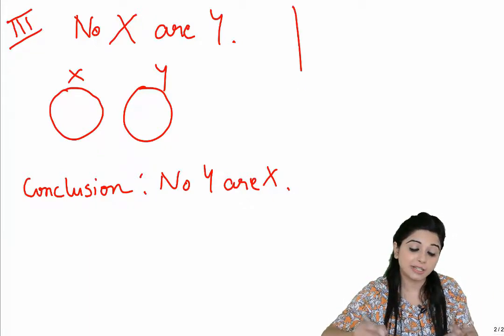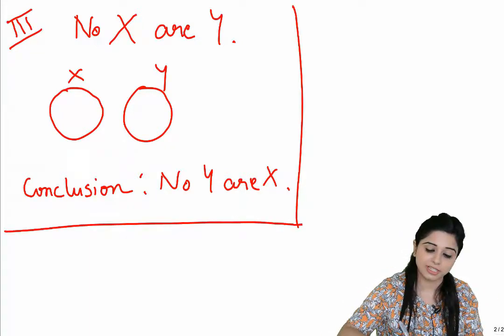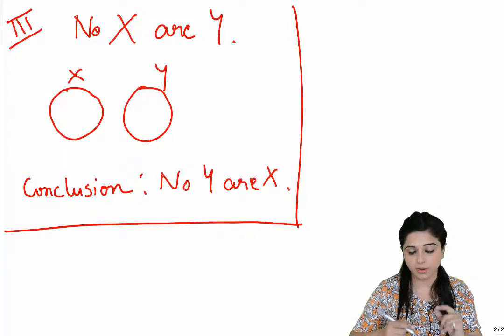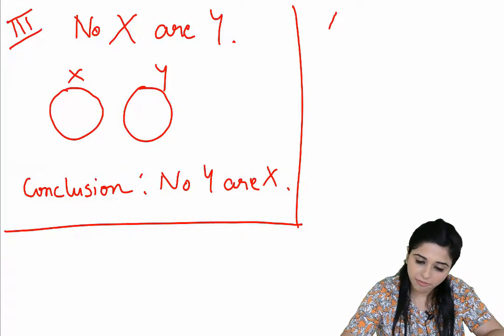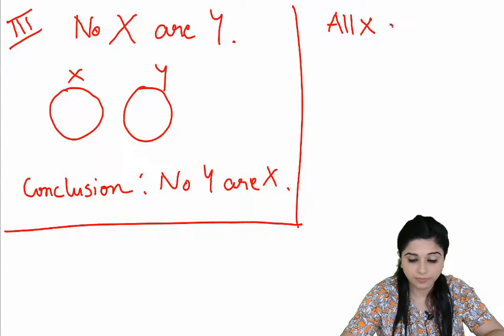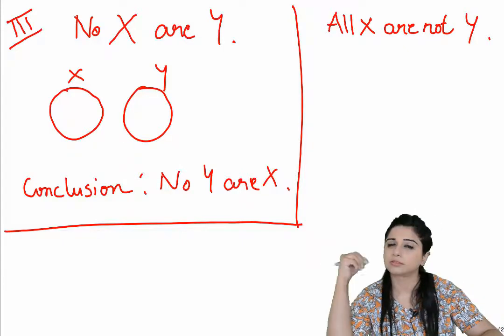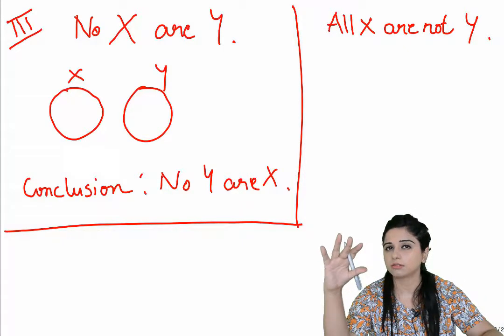But then let's look at something interesting over here. You remember this, okay? What if you had a statement which said all x are not y? What if you had something that said this?